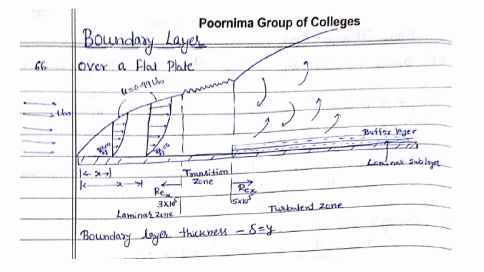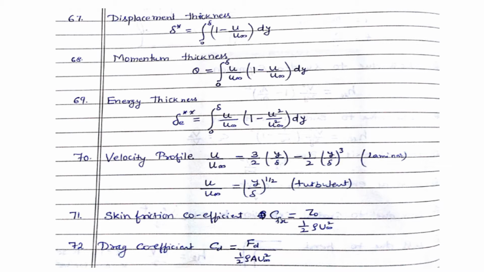So this boundary layer zone is there, then the transition zone, then turbulent zone. Then boundary layer thickness is denoted as δ. So displacement thickness can be derived, and the formula is δ* = ∫ from 0 to δ of (1 - u/u∞) dy, where u∞ is the free stream velocity.